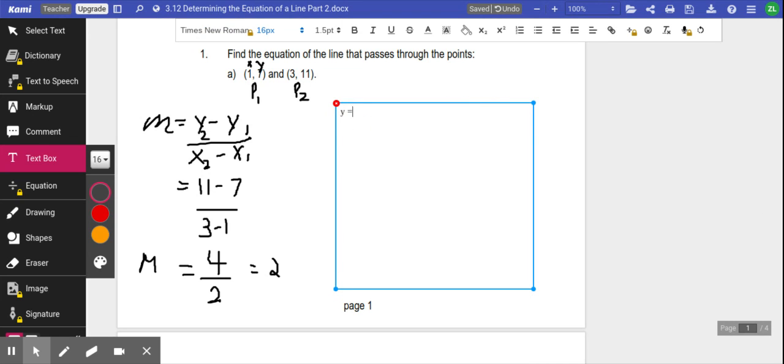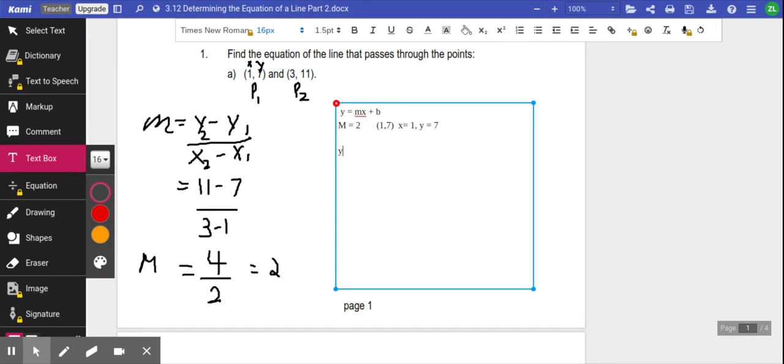So we know that y equals mx plus b. We know that m equals 2. And we have a point which we can sub in for x and y. In this case, I'm just going to use point 1, so 1 and 7, where x is equal to 1 and y is equal to 7.